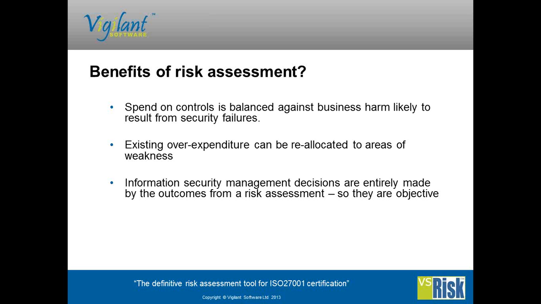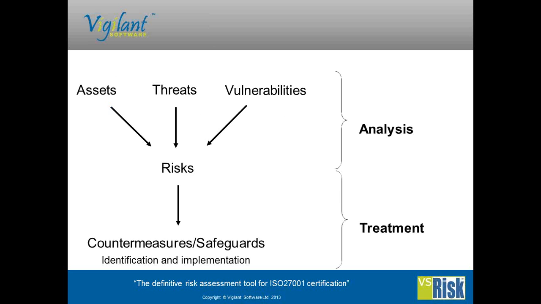And because your control selections, and therefore your information security management system decisions, are made on the basis of an objective assessment of risk, what you've got is an objective information security management system, one in which you can explain to some staff why they can't have access to certain types of data under certain conditions without it being clearly the whim of whoever owns those assets.